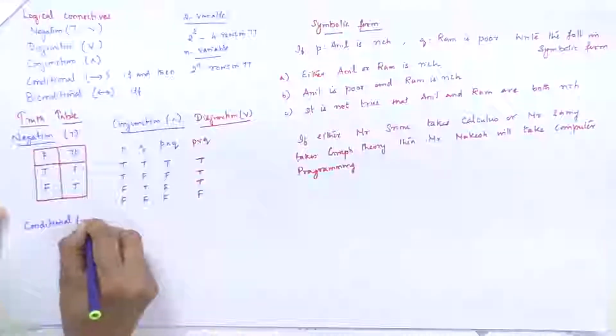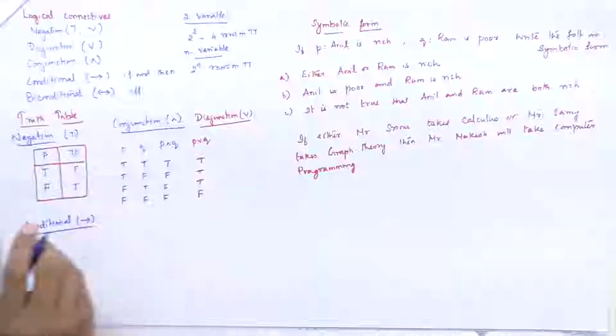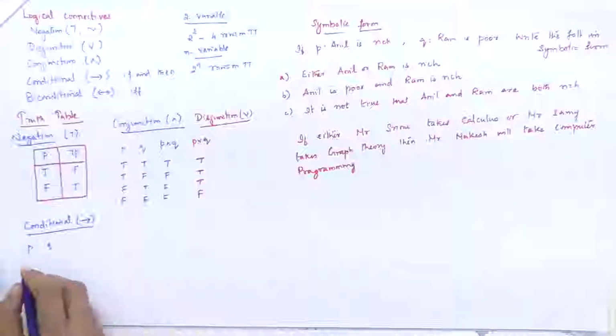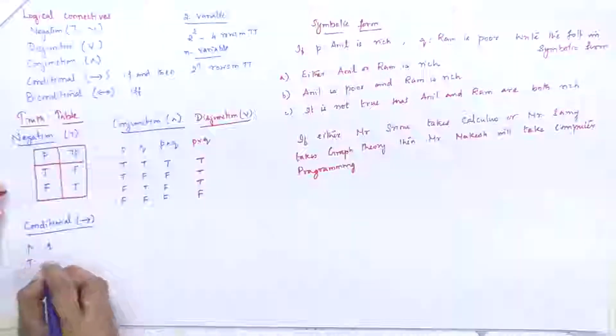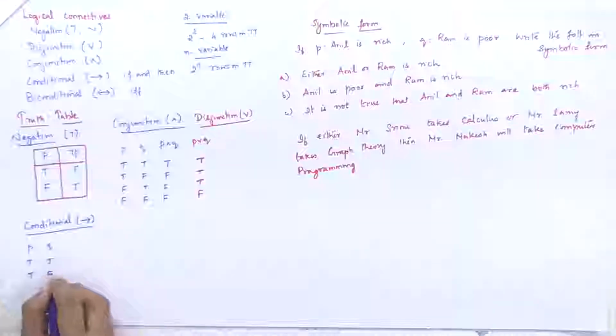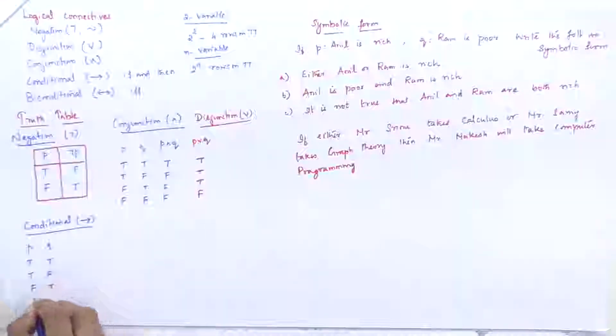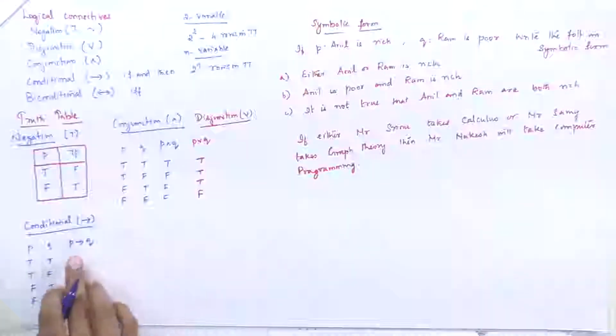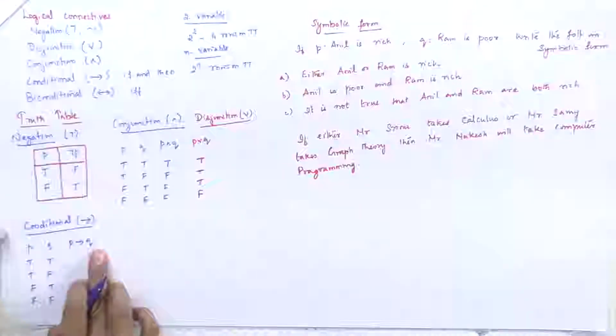Conditional, that is if and then, forward. Here also, suppose we have two variables, then the possible number of rows is 4: TT, TF, FT and FF. So what will be the truth value of if P then Q?